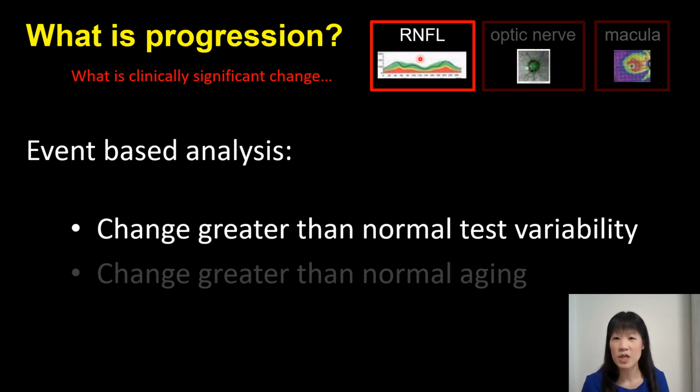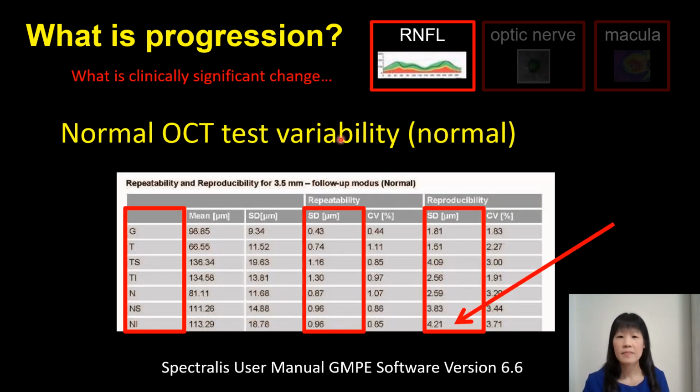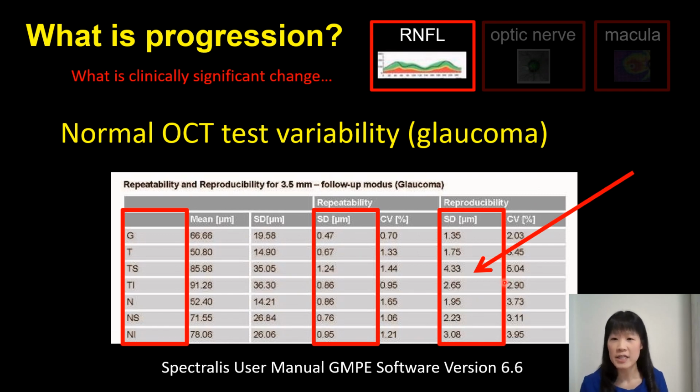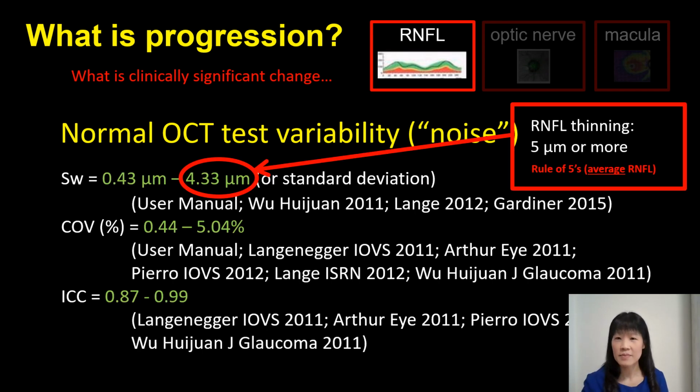To start out with the most common parameter, the nerve fiber layer thickness, when we look at our user manual, it has really important data. It tells us that the normal test-retest variability for a normal patient is around 4+ microns, and in the glaucoma patient, 4+ microns.